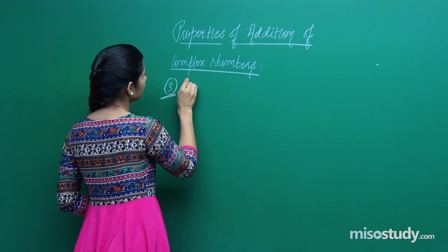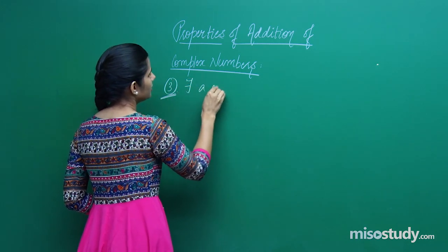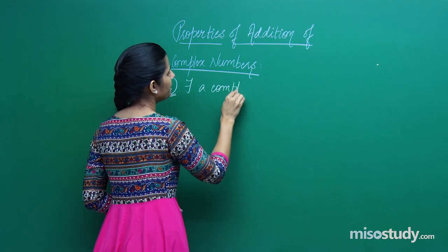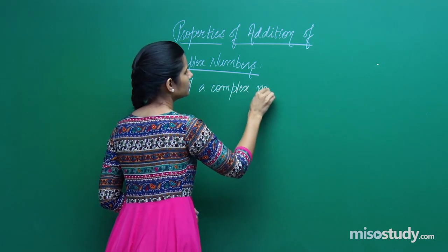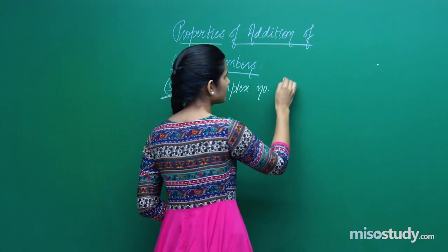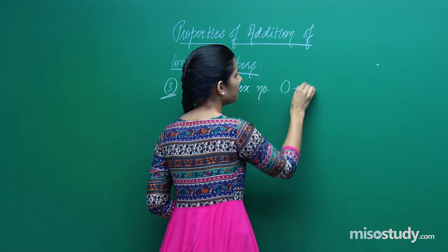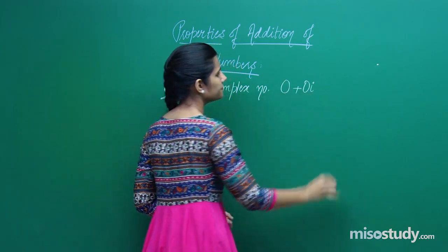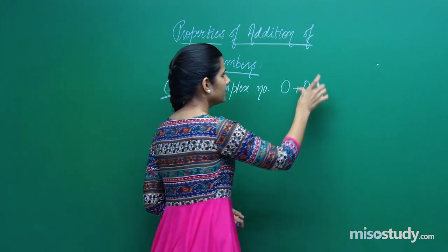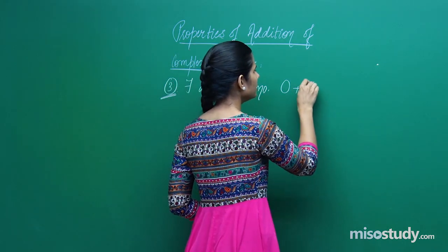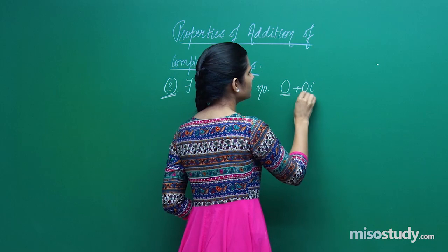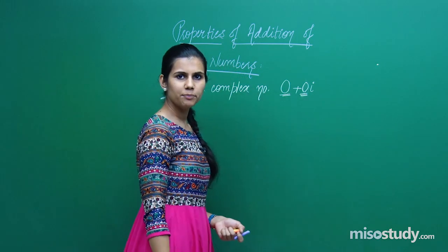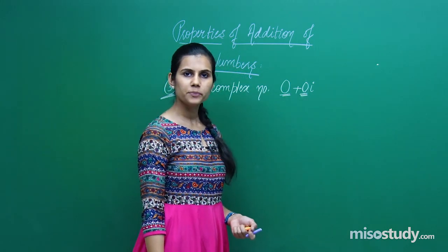It says that there exists a complex number known as 0 plus 0 iota. Now 0 plus 0 iota is a complex number. It has real part and imaginary part as the real number 0.